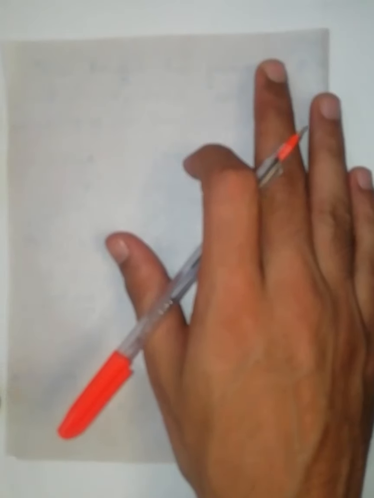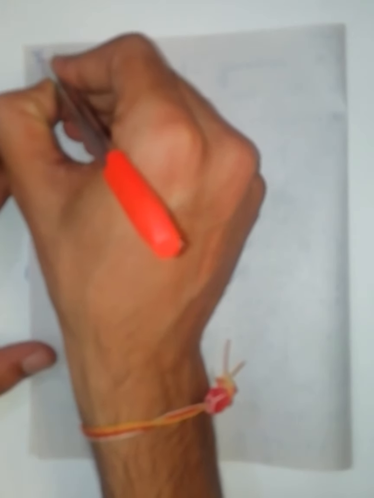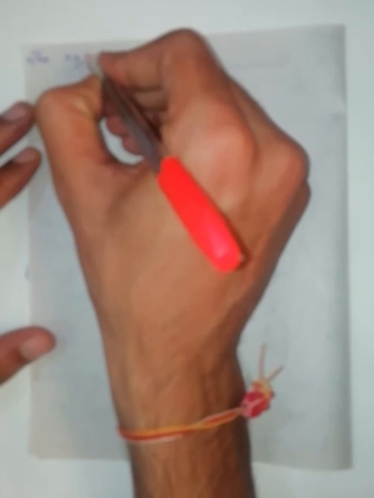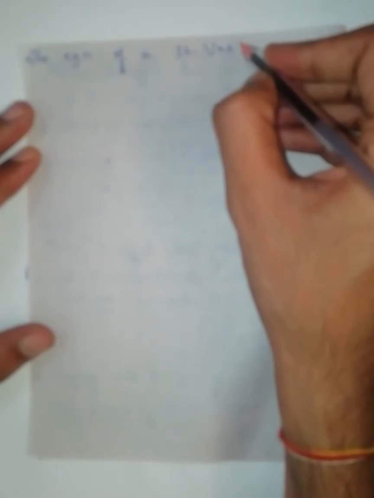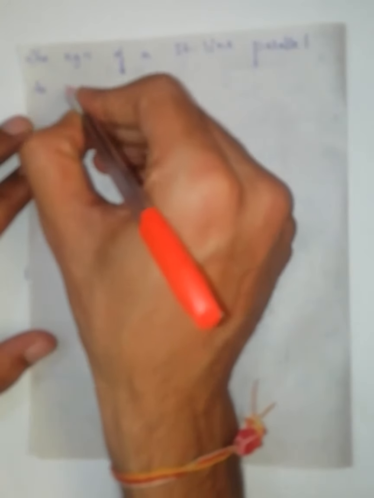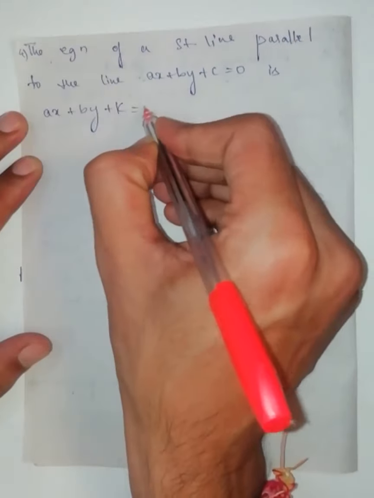Now next note, fourth one: the equation of a straight line parallel to the line ax plus by plus c is equal to 0 is ax plus by plus k is equal to 0.